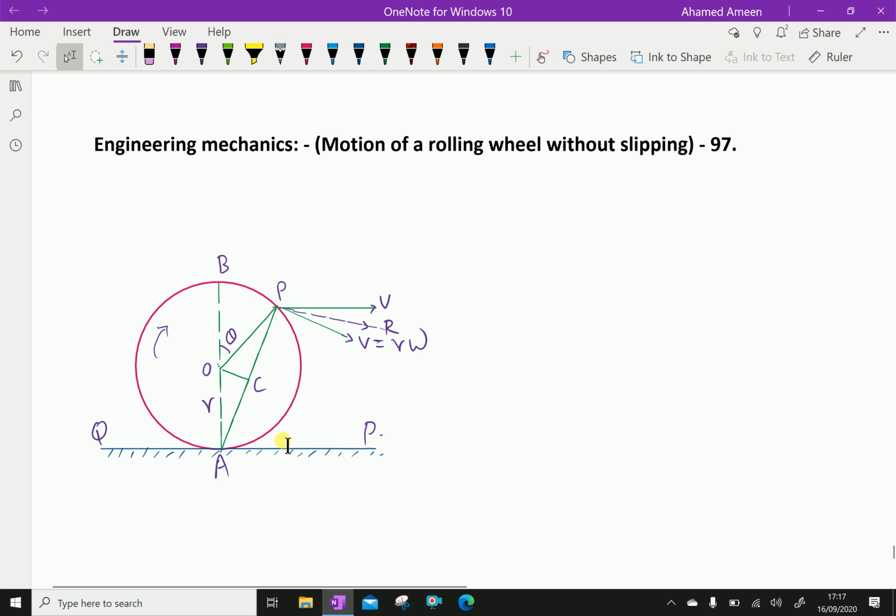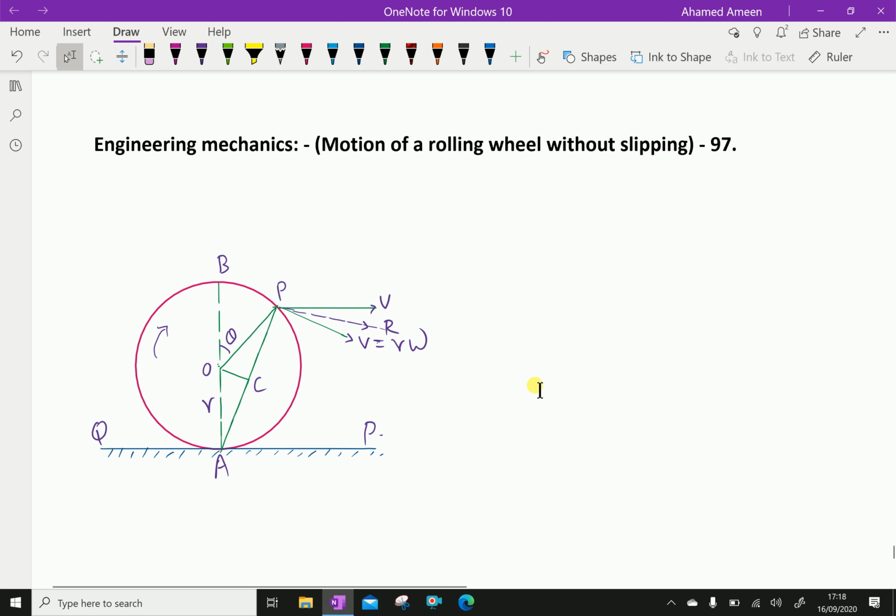While the wheel is rotating, the point P also rotates as well as translates. Thus the motion of any particle on the periphery of the wheel is a combination of the linear and angular velocity as shown in the figure. That means point P has rotation as well as translation.